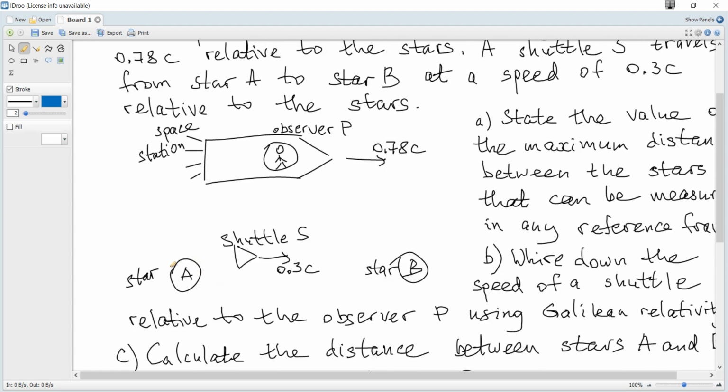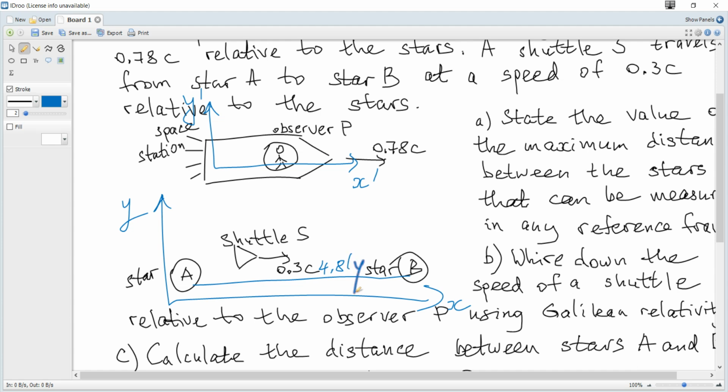Let me denote this reference frame as S, but to avoid confusion, since the shuttle is also S, let it be X and Y, and let the moving reference frame be X primed, Y primed.